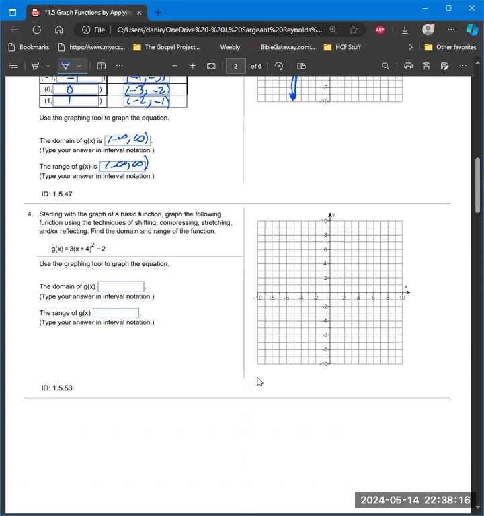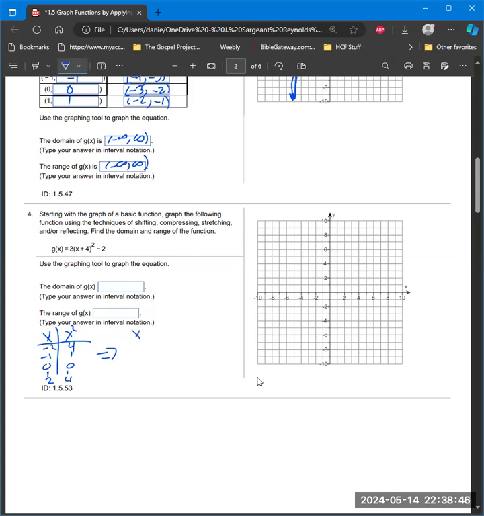Now we have a non-rigid transformation going on here, a dilation. We're multiplying y values by 3 here. So let me take a look at the original x squared: (0, 0), (-1, 1), (-2, 4), (1, 1), (2, 4). First thing that I want to do is shift everything to the left 4.